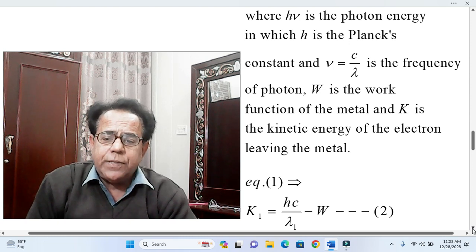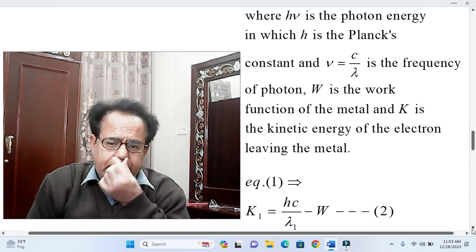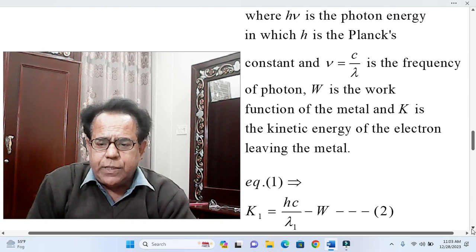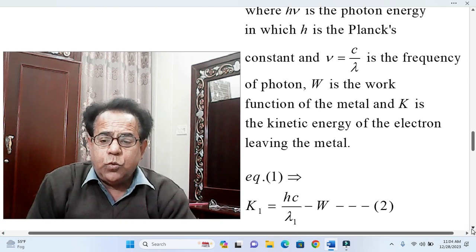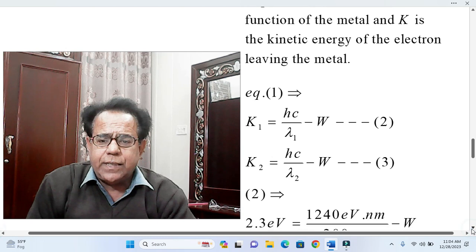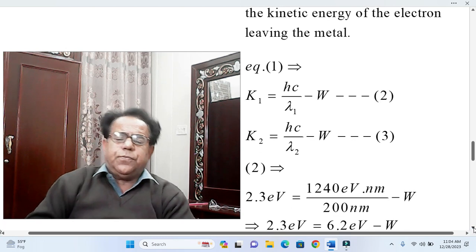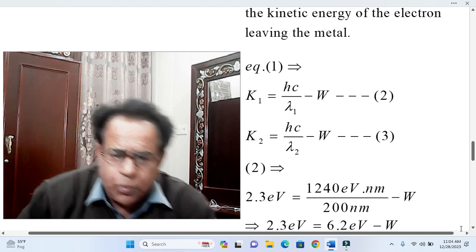W is the work function of the metal, and K is the kinetic energy of the electron leaving the metal. This gives us a solid foundation for the solution of this problem.